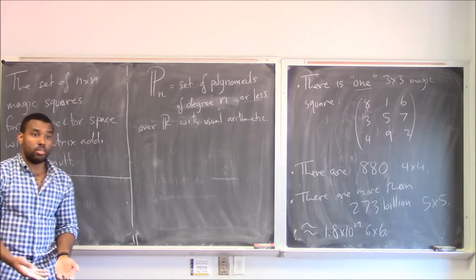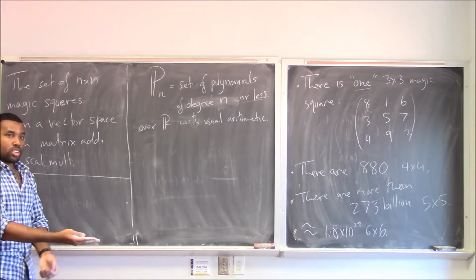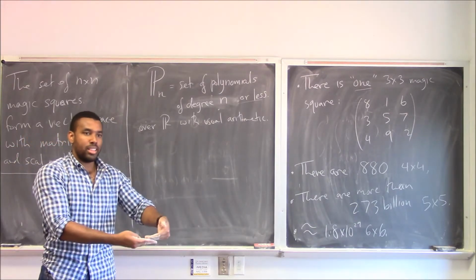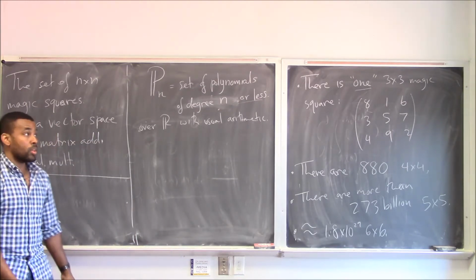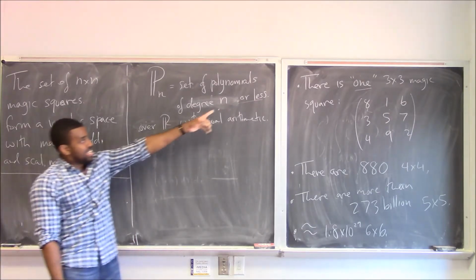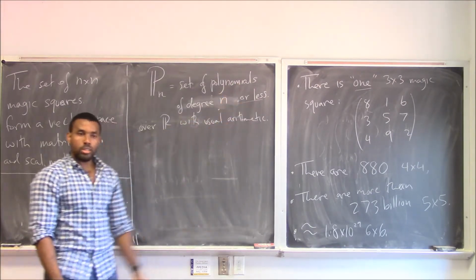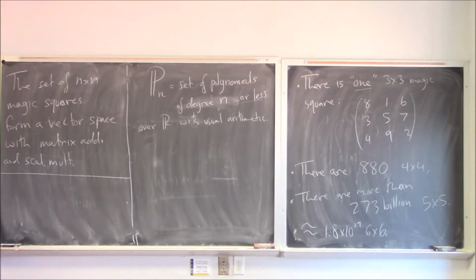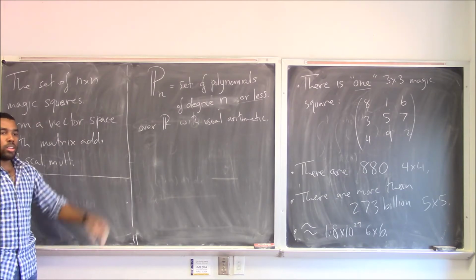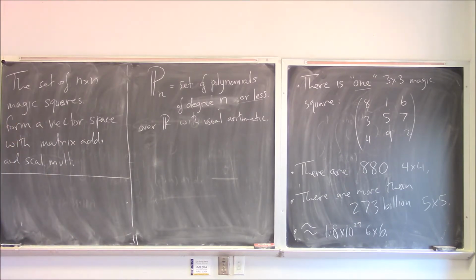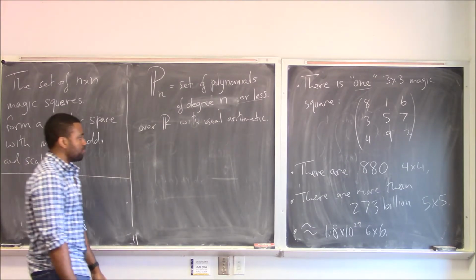I can get something of a lesser degree. So take a third degree polynomial and take its negative. Add them, I get a 0 degree polynomial. So I need the degree n and everything below it. I'll never get anything above it by combining them according to the vector space axioms. So the set of all polynomials of a certain degree or less form a vector space.